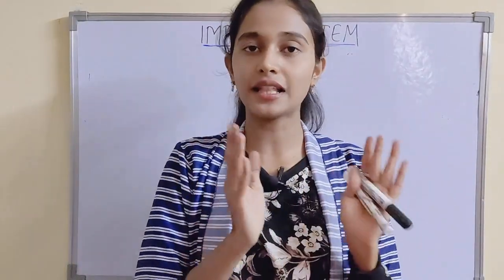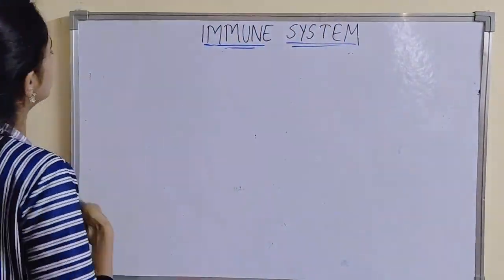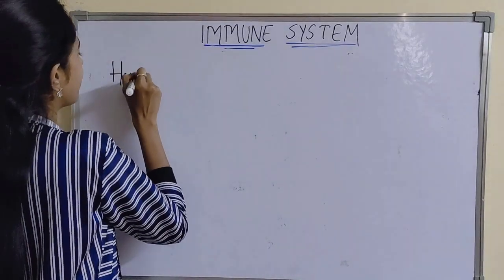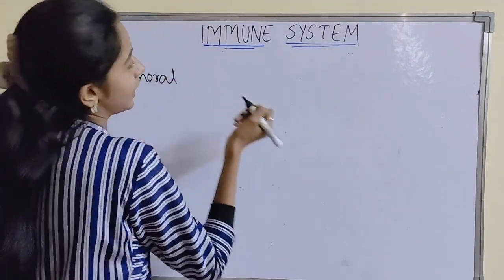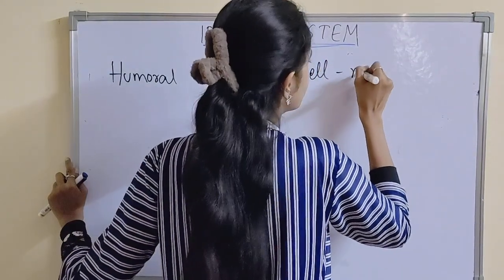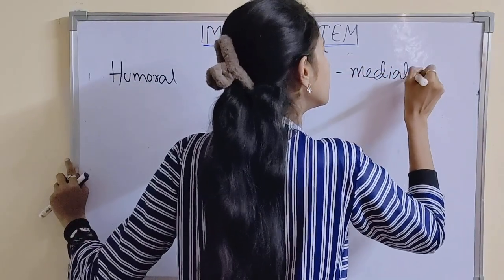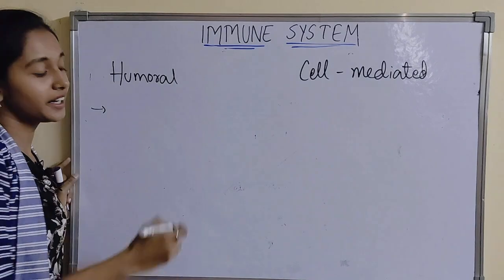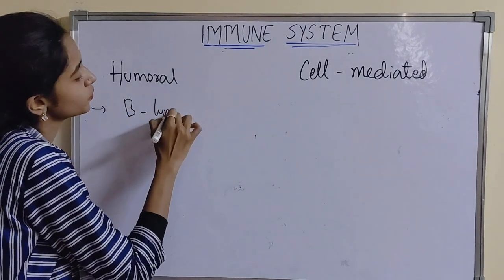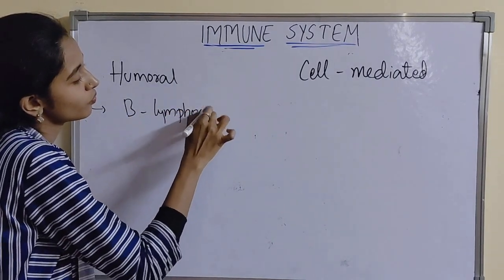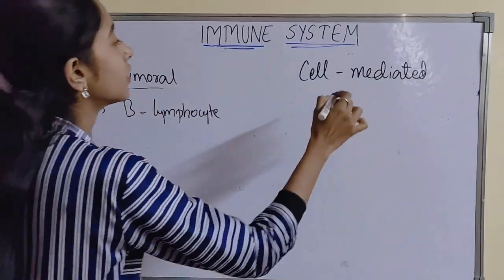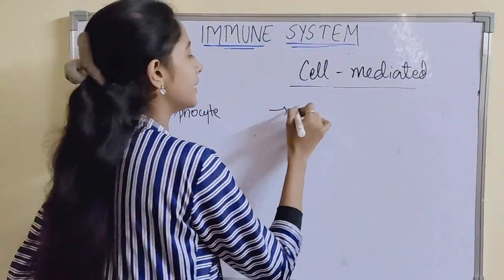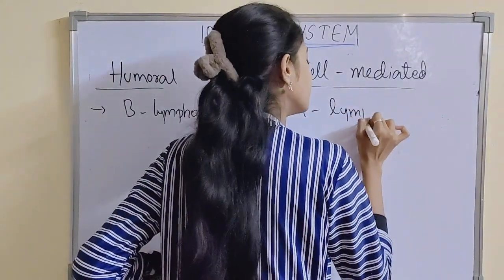Differences between the humoral and cell mediated immunity. So here we have humoral and here cell mediated. In humoral, it is mediated by B lymphocytes. Here it is mediated by T lymphocytes.